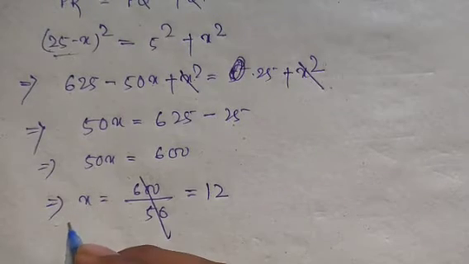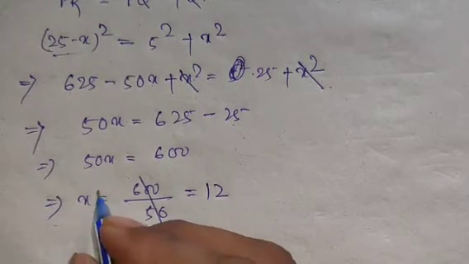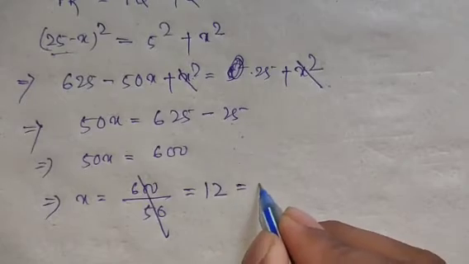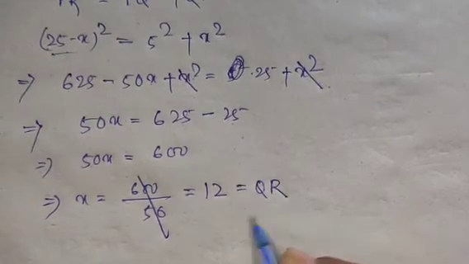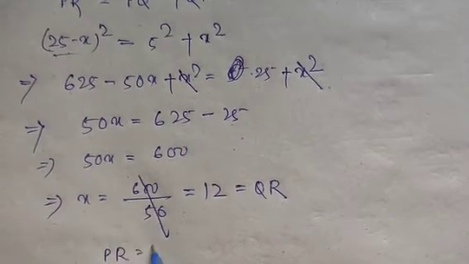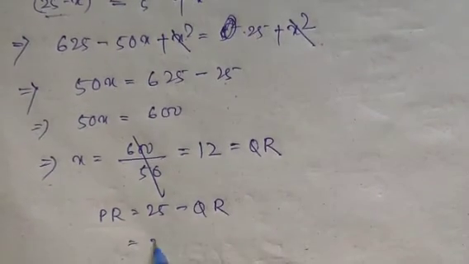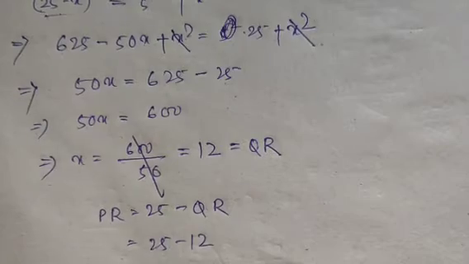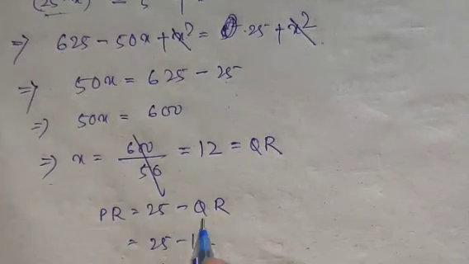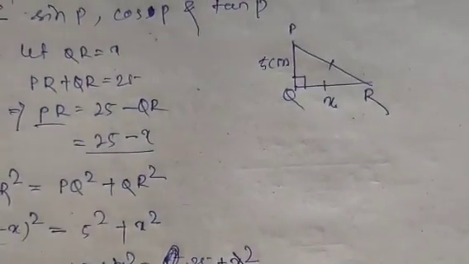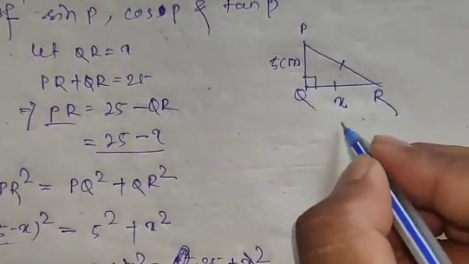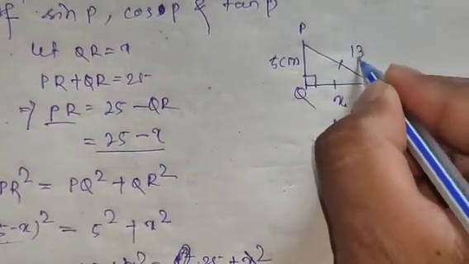If x is 12, which is equal to QR, so QR will be 12. We know that PR is equal to 25 minus QR, which is equal to 25 minus 12, which is equal to 13. So here PR is equal to 13. So now we have QR equal to 12, and this will be your 13.